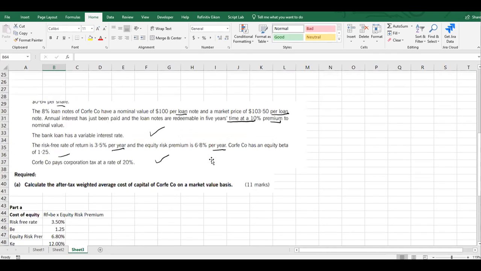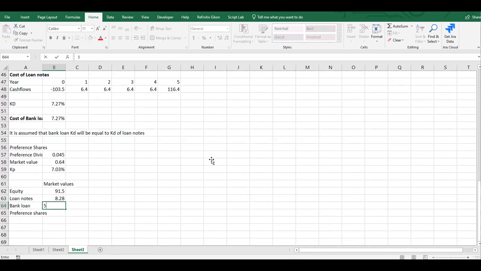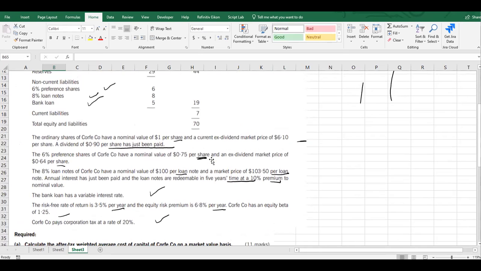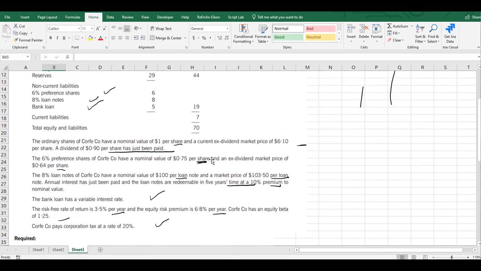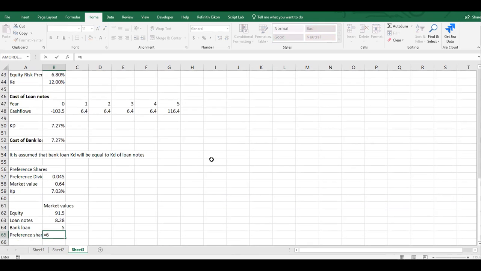Bank loan book value, market value will be the same, 5 million. Preference share book value is 6 million divided by par value, that is 0.75, into market value, 0.64. So 6 divided by 0.75 into 0.64.